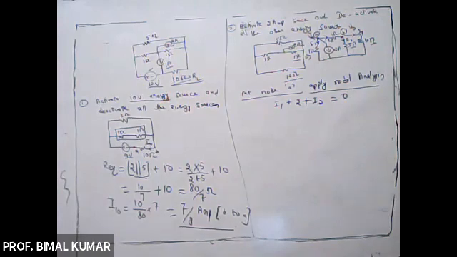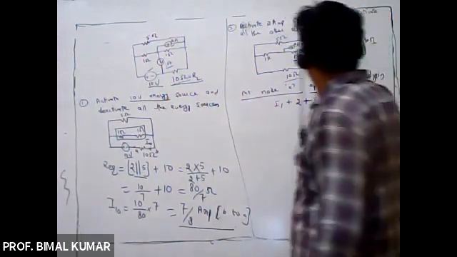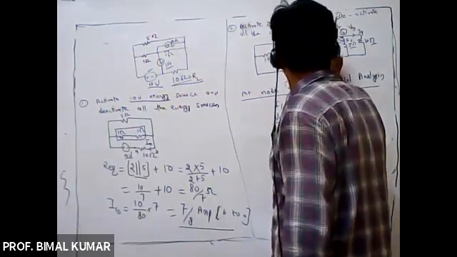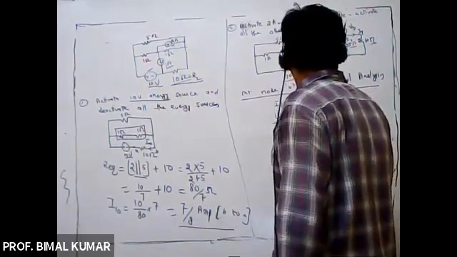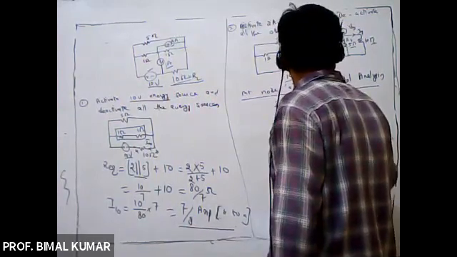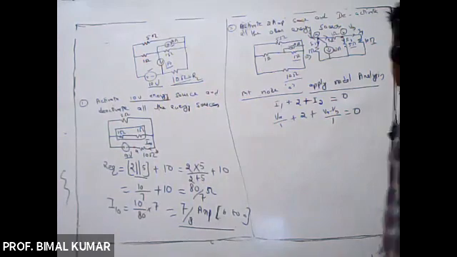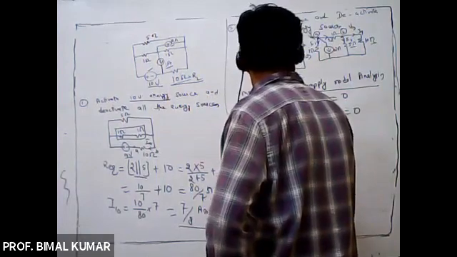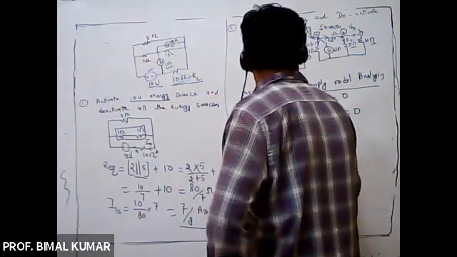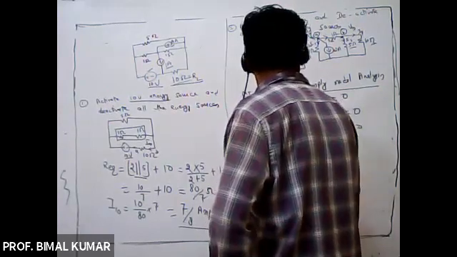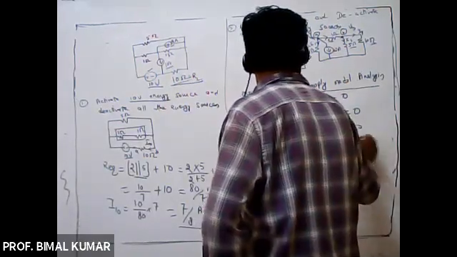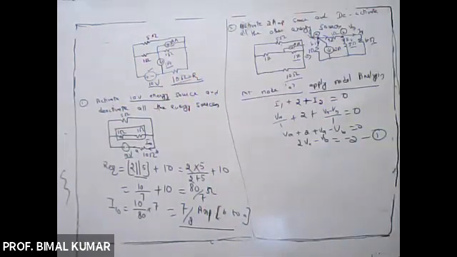So I1 plus 2 plus I2 is equal to 0. I1 is equal to VA by 1, plus 2, plus VA minus VB by 1, equal to 0. So this will become VA plus 2 plus VA minus VB is equal to 0, that is 2 VA minus VB is equal to minus 2. So this is your equation number 1.